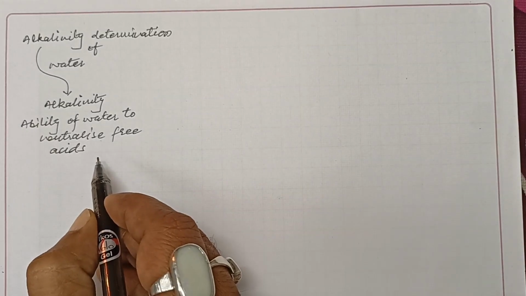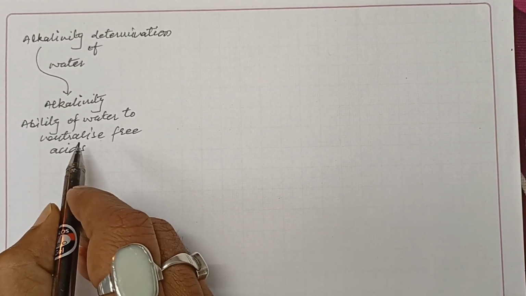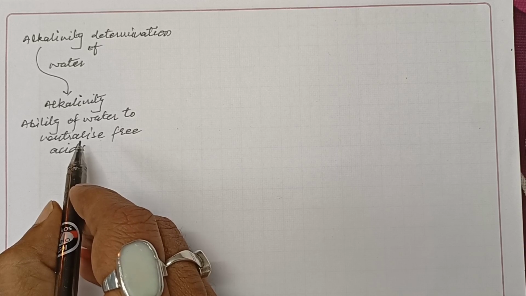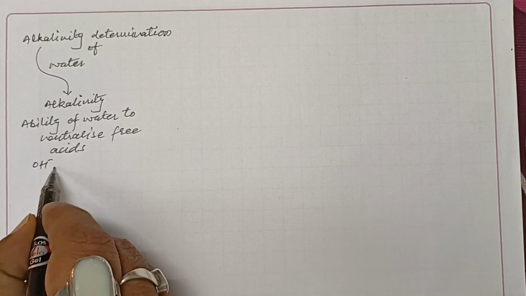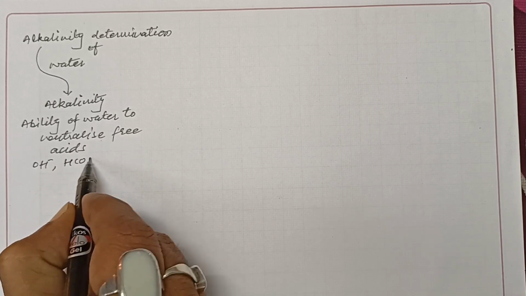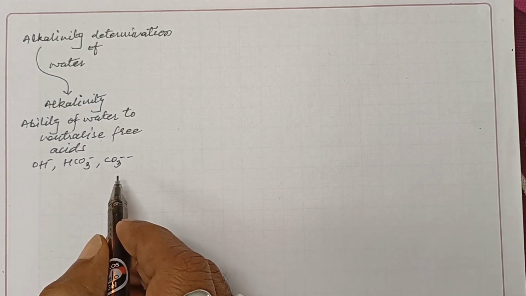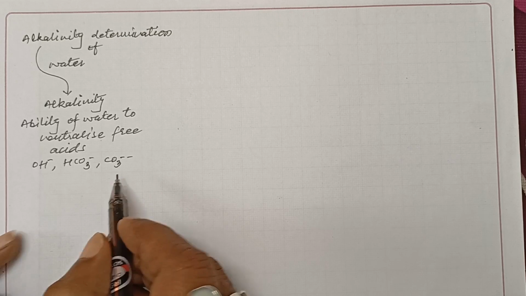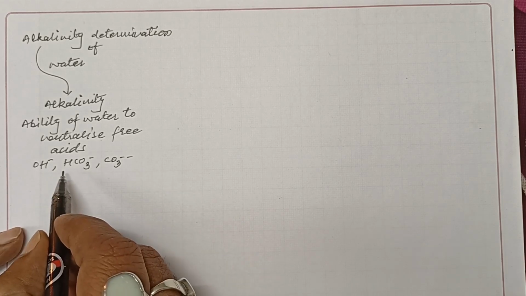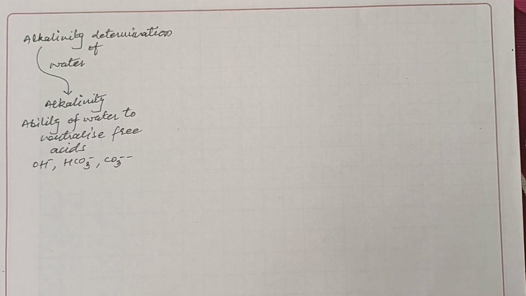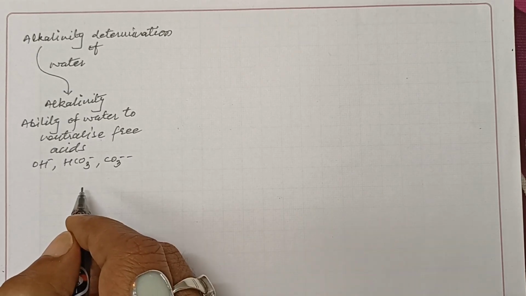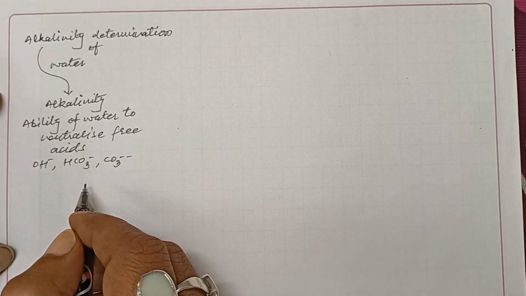It means the presence of certain negative species, for example OH negative ion, bicarbonate negative ion, carbonate negative ion in a water sample, and such alkaline water is able to neutralize acid content. This tendency of water is called alkalinity.